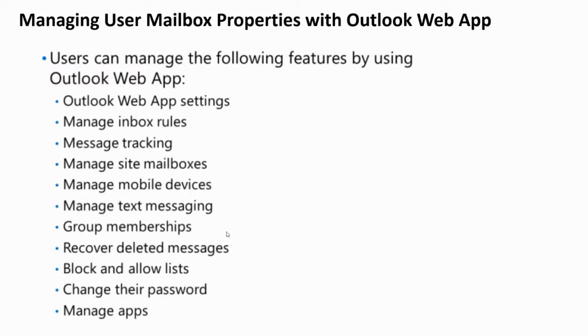So you can use it to manage, for example, Outlook Web Application settings, inbox rules, message tracking, site mailboxes, mobile devices, text messaging, group membership, recover deleted messages, block and allow lists, change their password, and manage apps. So these are the features that you can use.